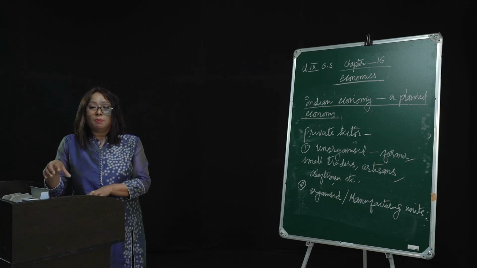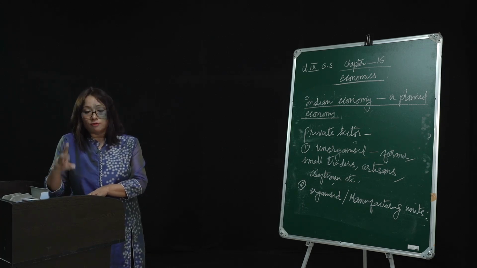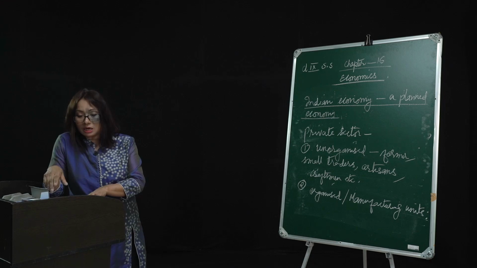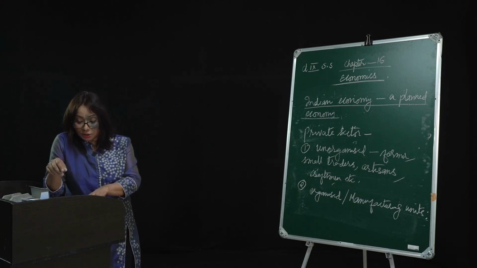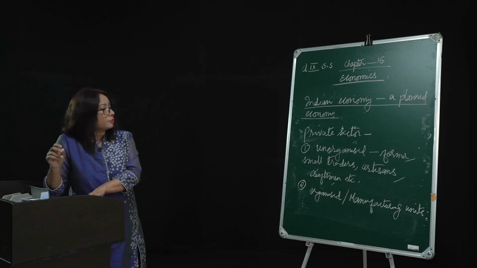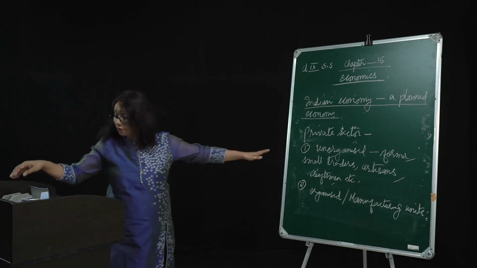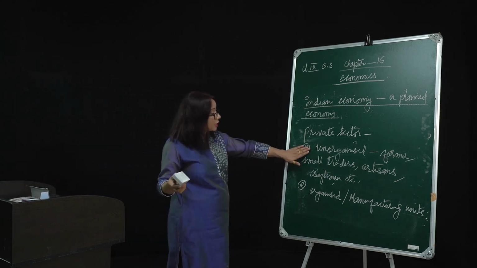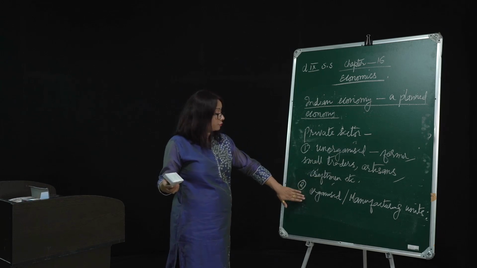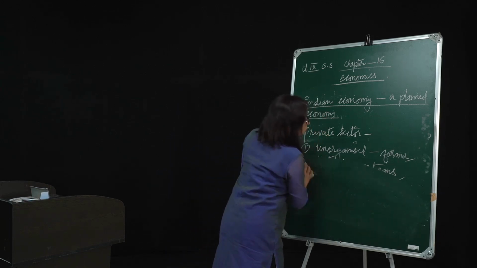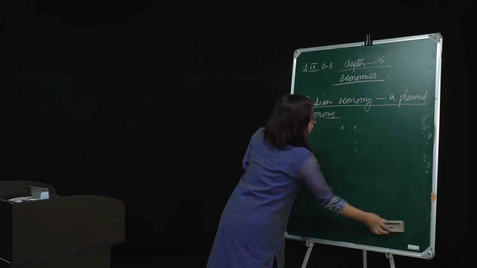So under the public sector undertaking, we have two types: departmental enterprise and non-departmental enterprise. Okay, so what are these? This is private sector we have done, unorganized farm traders, artisans, craftsmen, and unorganized sector. Now let's see the public sector.